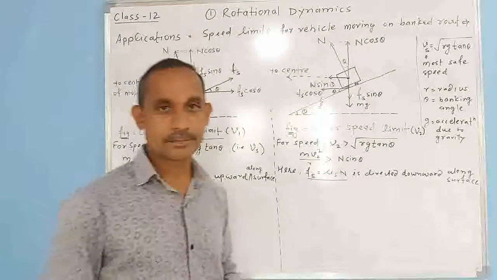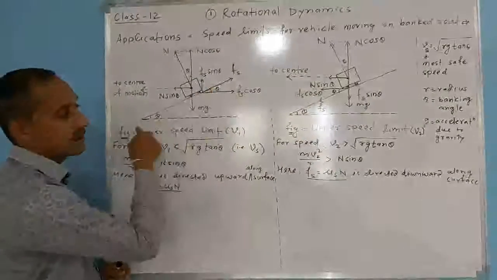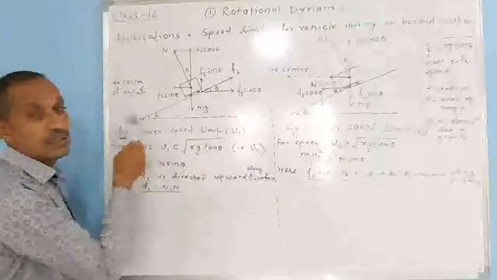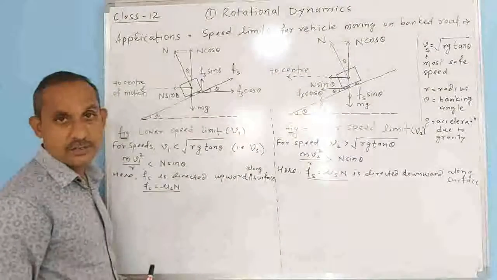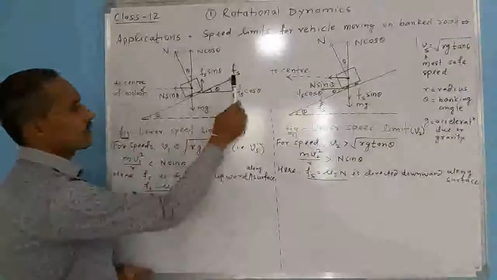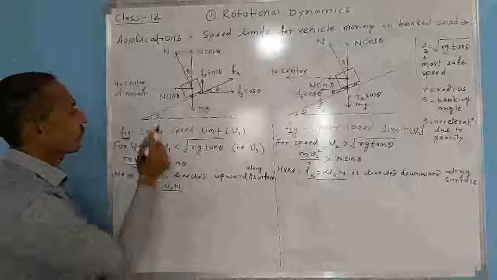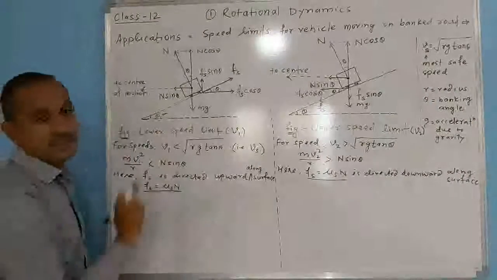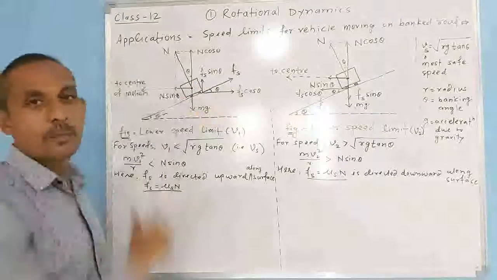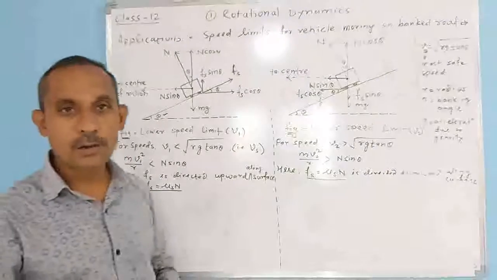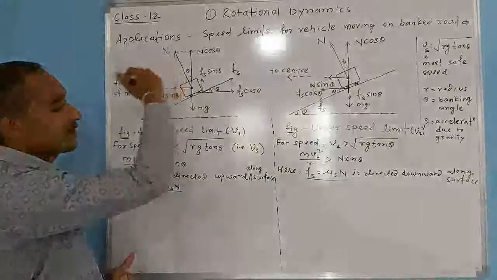So let us see one by one. This is the banked road. This is the actual surface of the road, and this is the horizontal direction. This road surface makes some angle theta with the horizontal. This vehicle is moving towards the left, performing circular motion along this banked road.